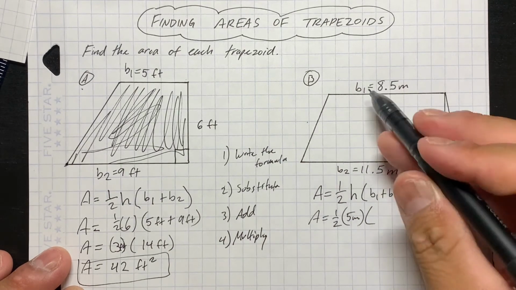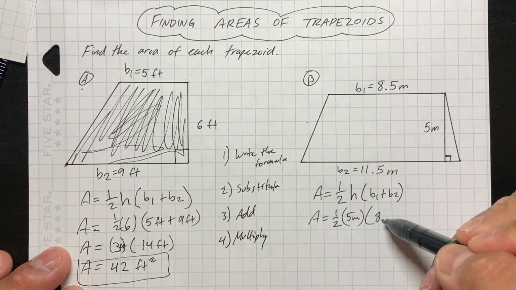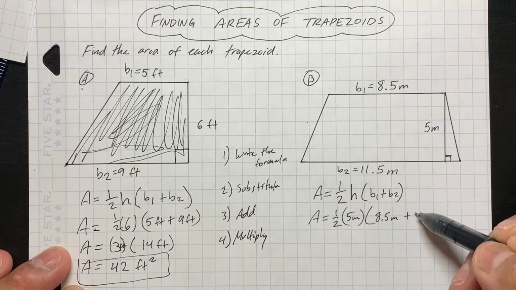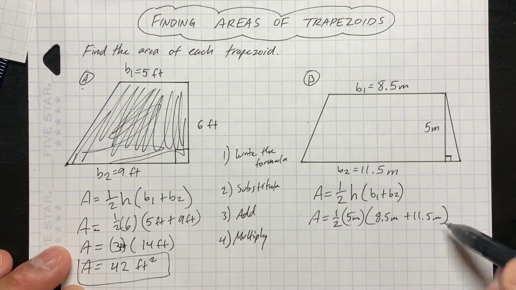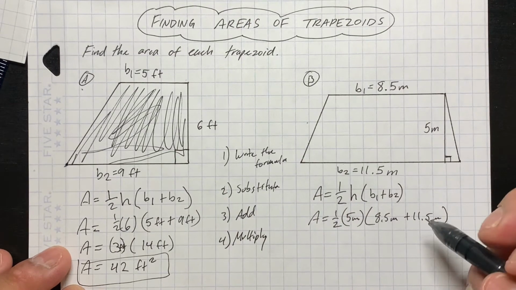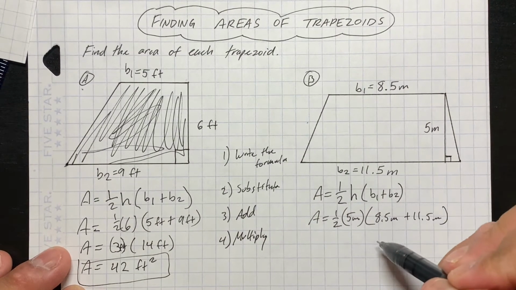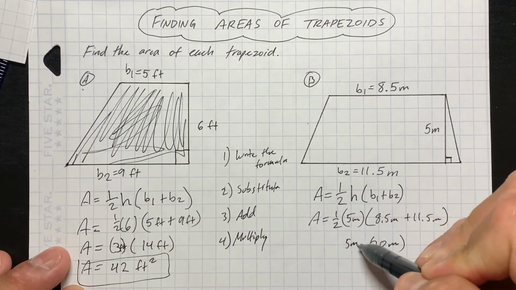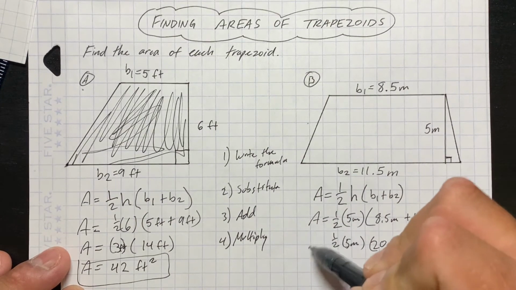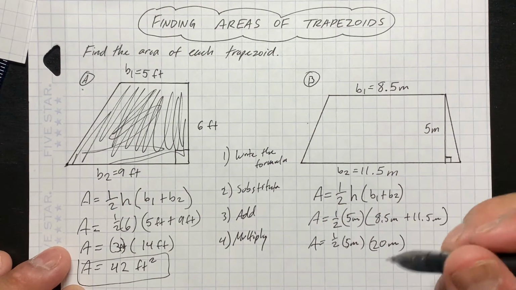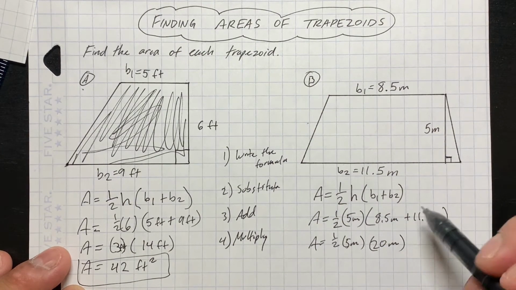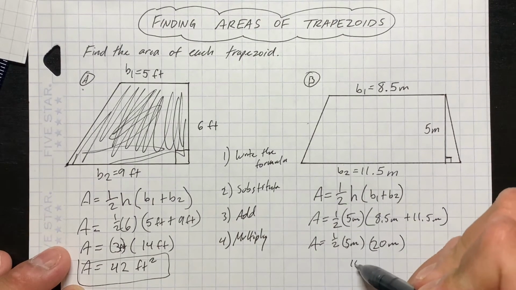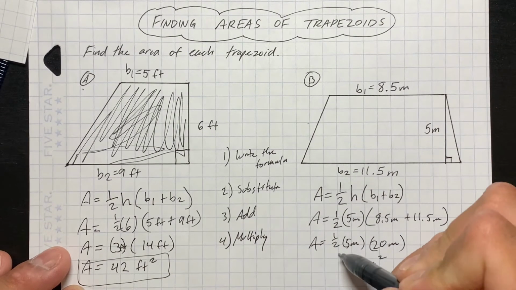We plug in the base 1, which is 8.5 meters, plus base 2, 11.5 meters. Now 11.5 plus 8.5 will be 20 meters. I'll just do this step by step. Now we're just going to go ahead and multiply. 20 times 5 is 100 meters squared.